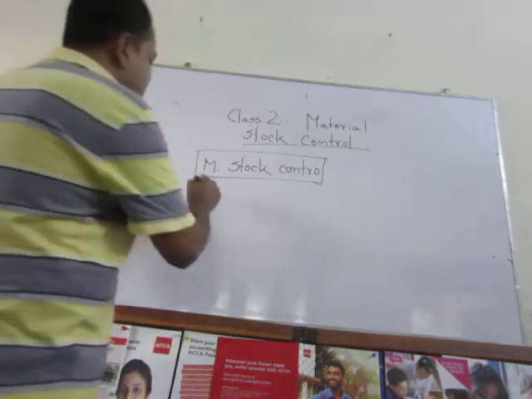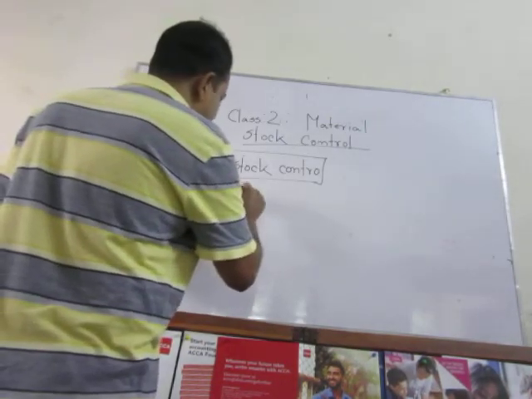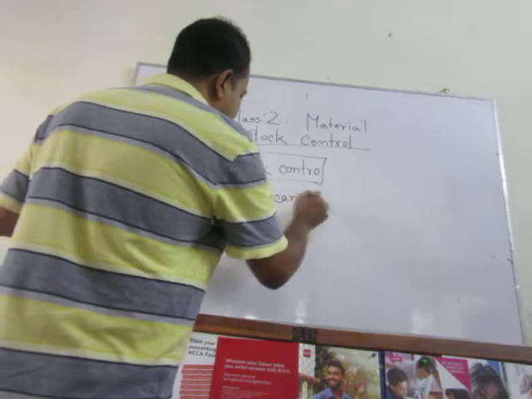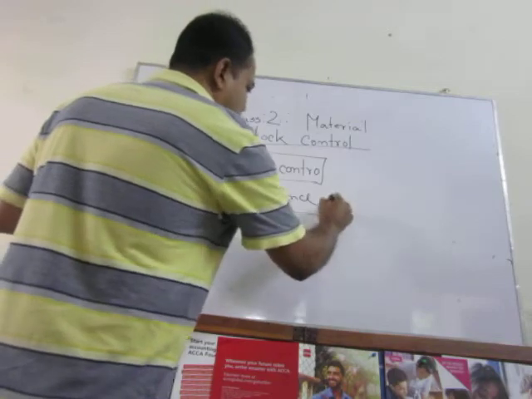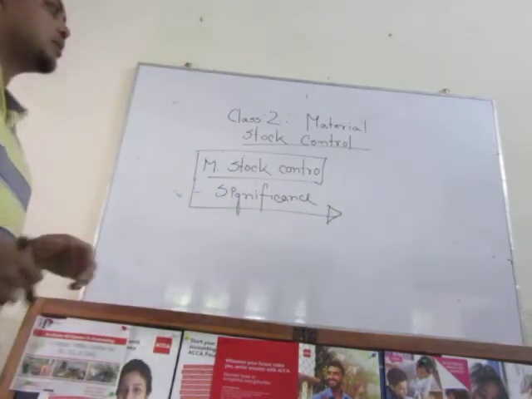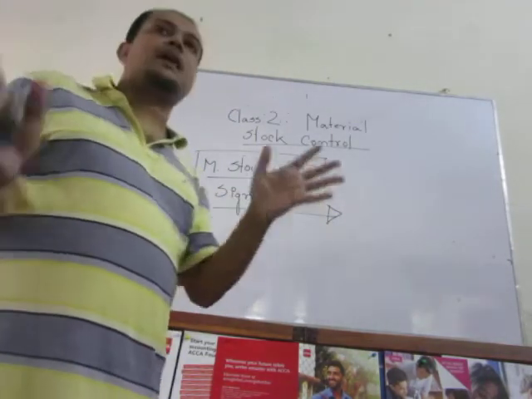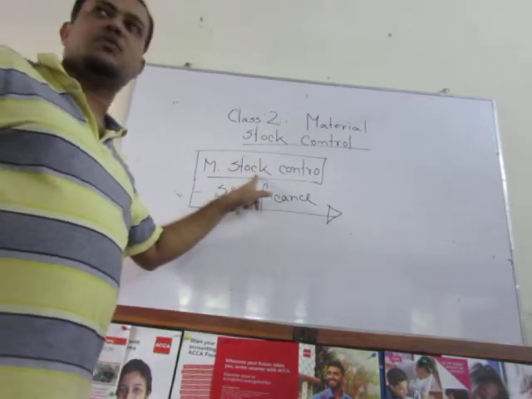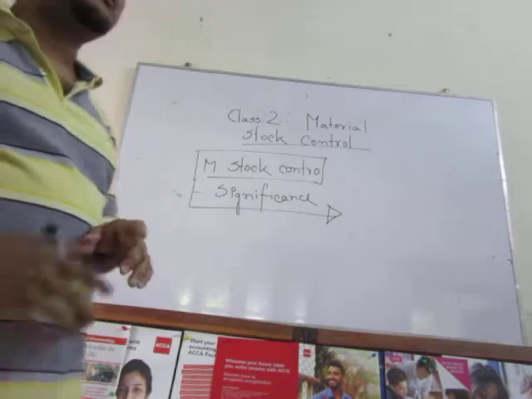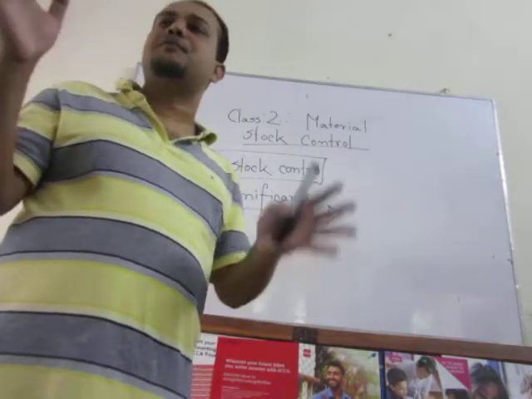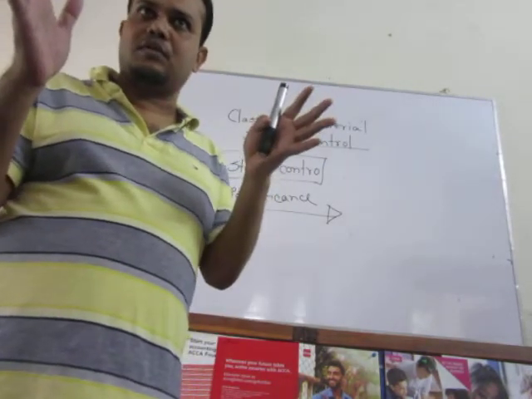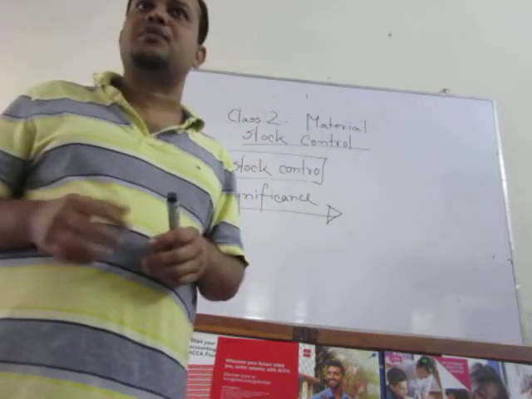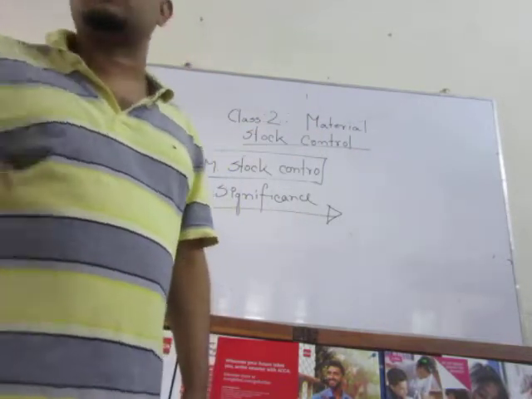So now we will discuss the significance. That means we discuss the ultimate reasons for which you have to control the stock. See, number one, if you do not have that much stock, if you run short of stock within the production process, your production may be halted.